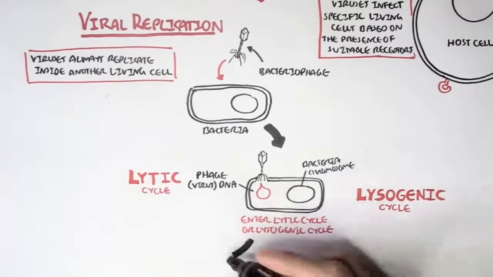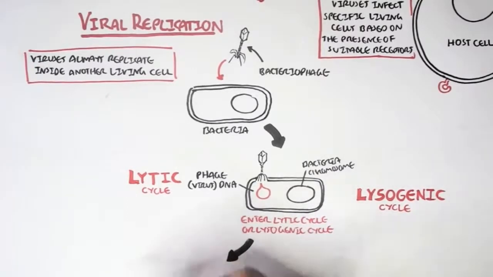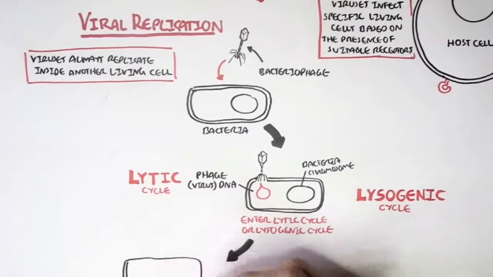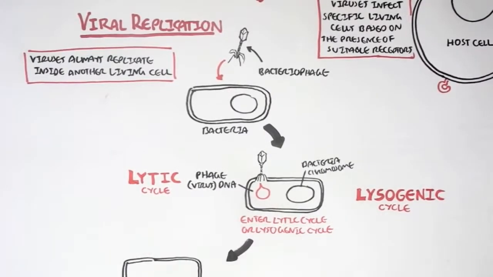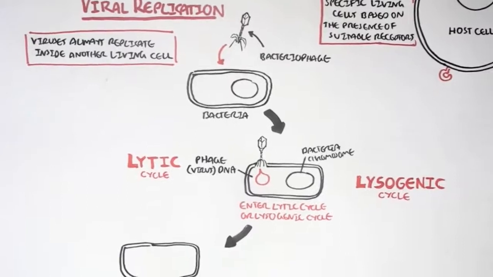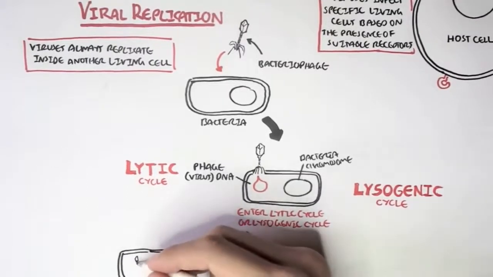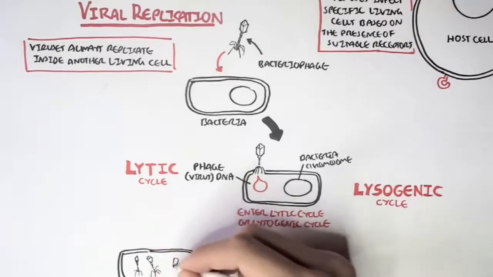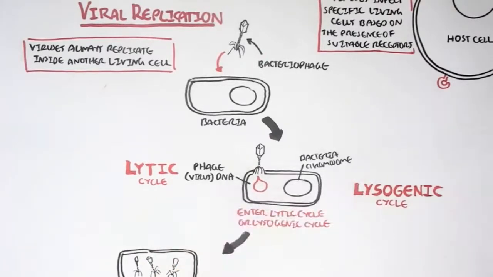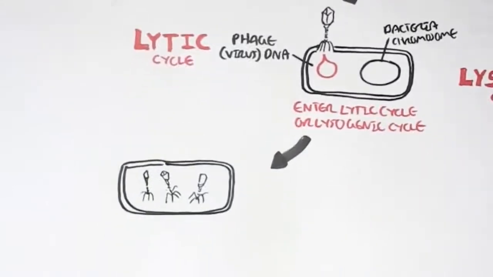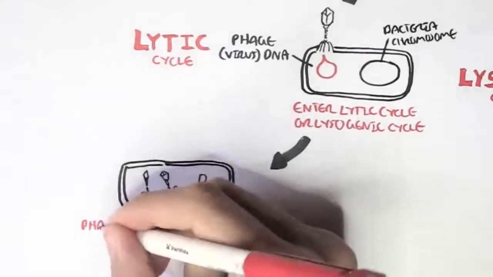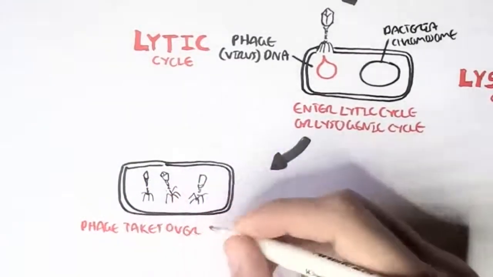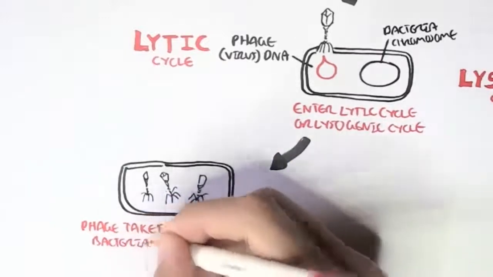Let's first follow the lytic cycle. In the lytic cycle, the bacteriophage, the phage DNA, will take over the bacteria's cell machinery and begin synthesizing new bacteriophage DNA and proteins to create new bacteriophages, new viruses, within the bacteria.